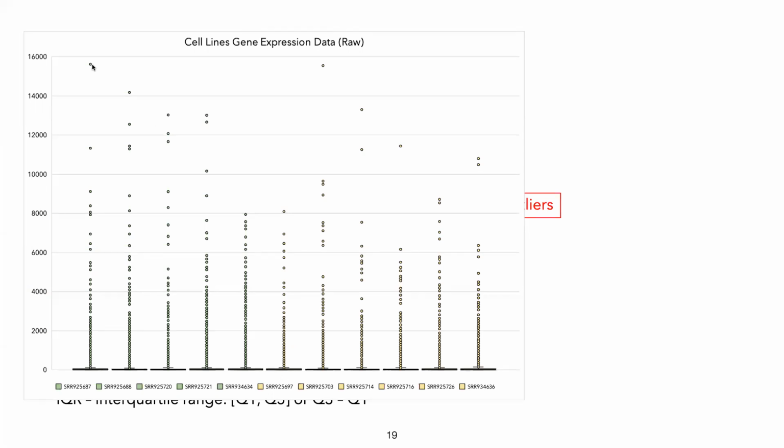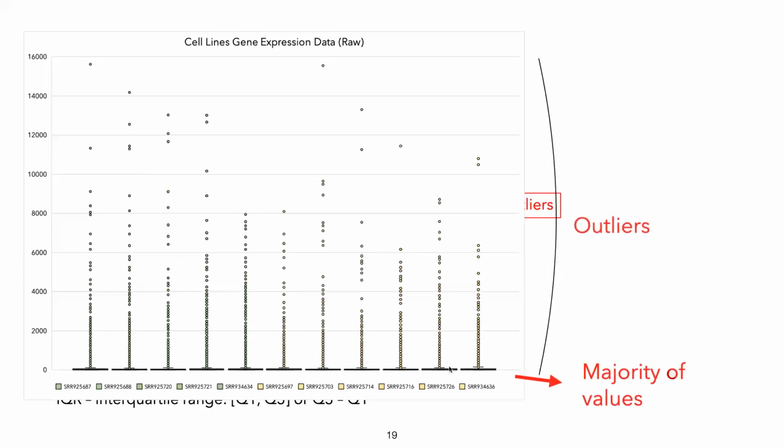So if I have a value that is 16,000 and I have a value that is 500, anything that is 500, 400, 300, the differences between those genes are so little compared to these outliers, it is difficult to make those comparisons. So the majority of your values are down here, and the outliers are skewing the distribution of your data.